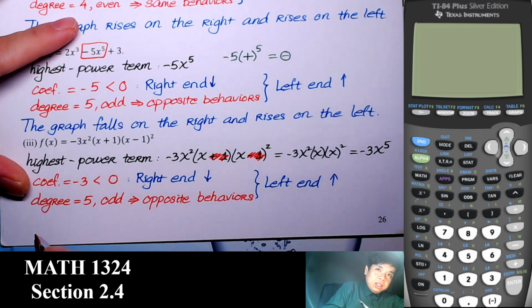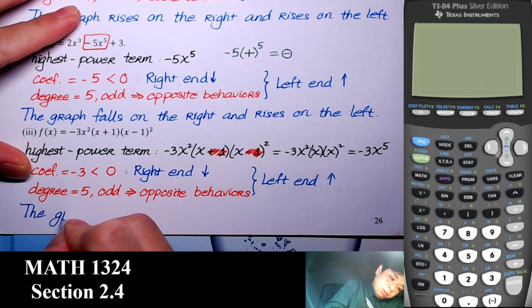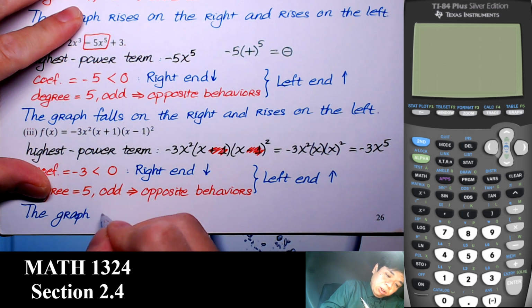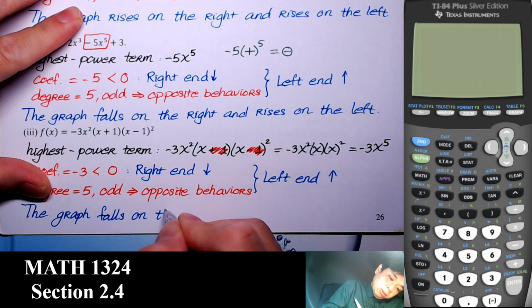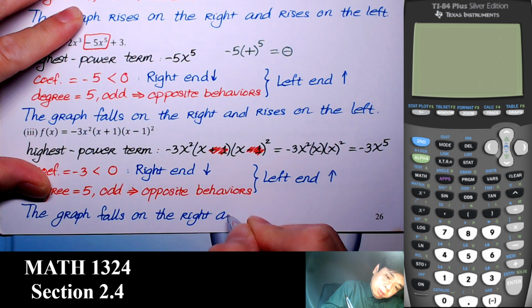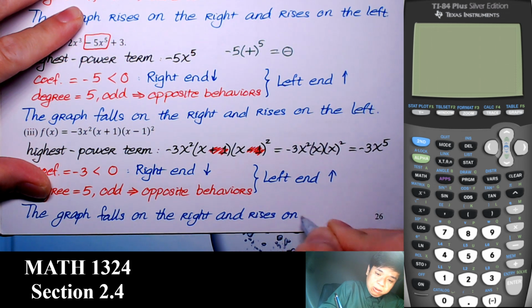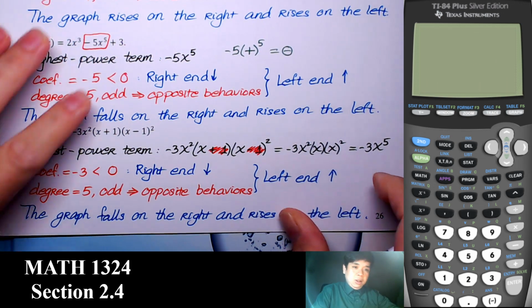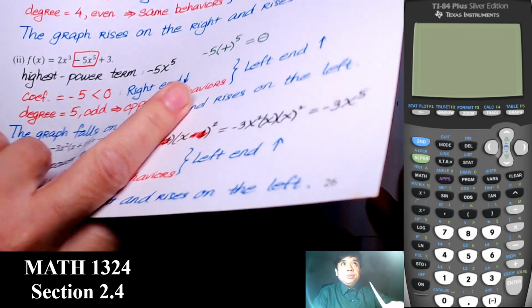So in this case we say the graph goes down on the right, so falls on the right, and rises on the left. Right, so that is the end behavior of a polynomial function.